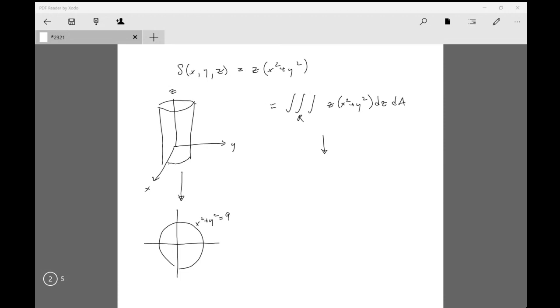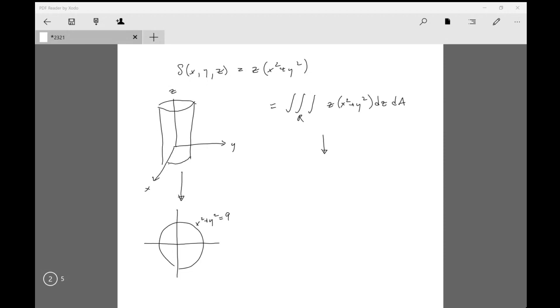Someone has said it's 0 to 2, which is correct. So I put that. And now what I want to know is, since it's cylindrical, z stays as is. I'm trying to write in a different way, so it's going to be a little messy.